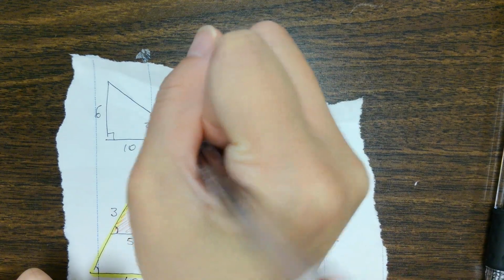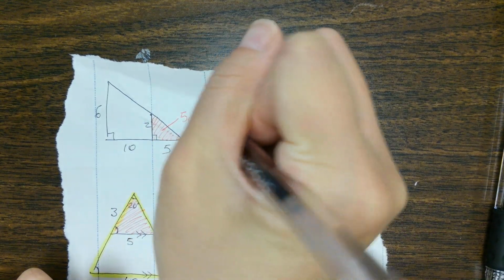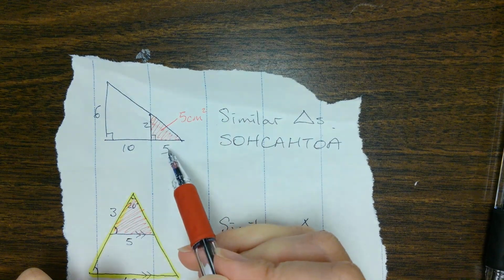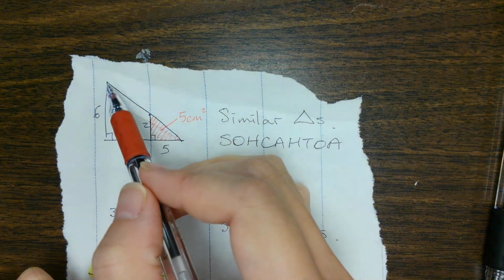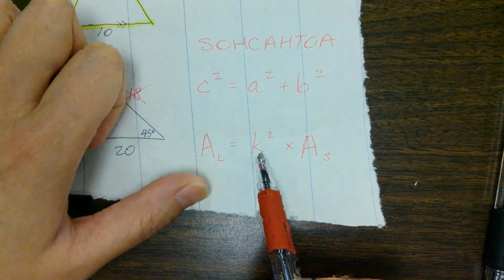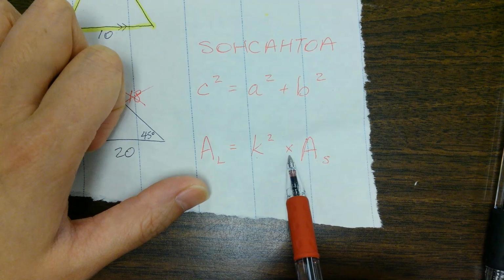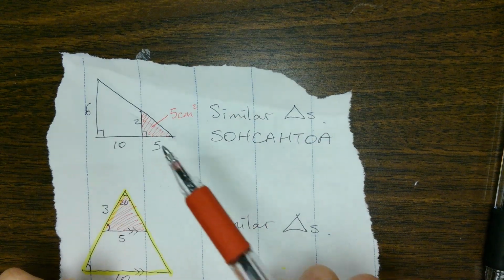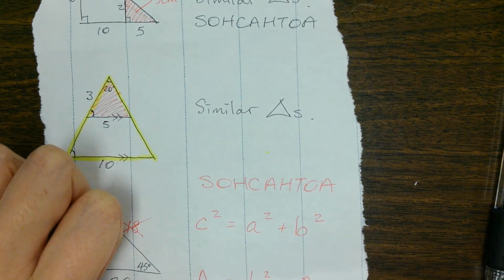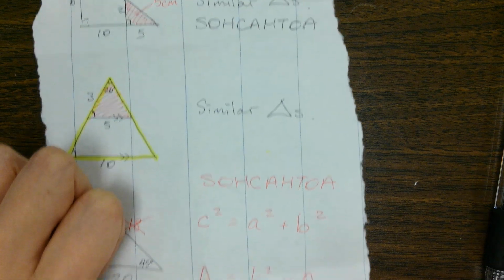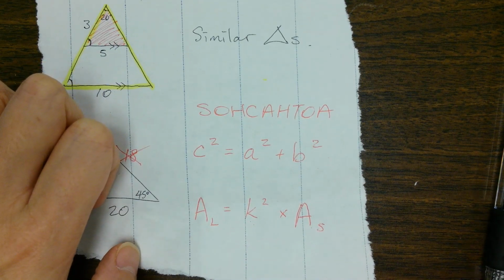So the area of the red part is 5 centimeters squared, base times height divided by 2. In order to find this, I could just use this formula. So 3 squared is 9, 9 times 5, 45. K is the ratio of the similar shape.